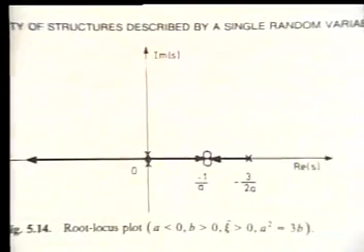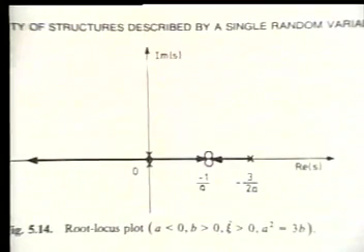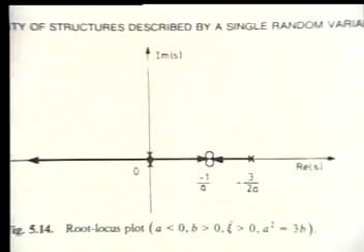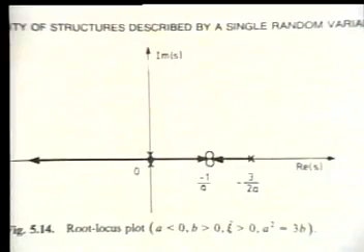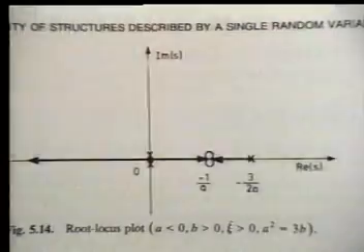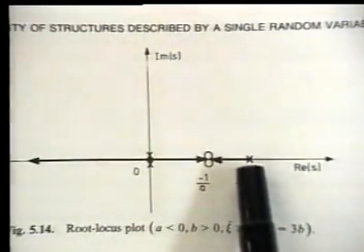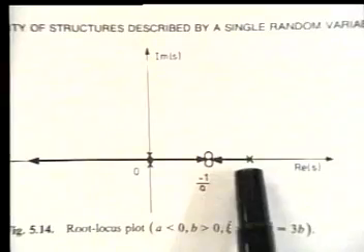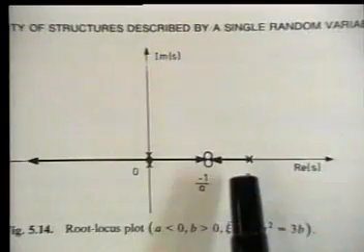And this complex plane has on the horizontal axis the real part of S, and on the perpendicular axis the imaginary part of S. Now the poles are denoted by X's, zeros are denoted by O's, and this root locus method gives us the variation when this parameter of initial imperfections varies from 0 to infinity.